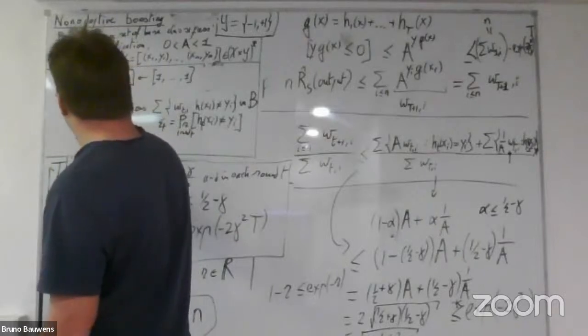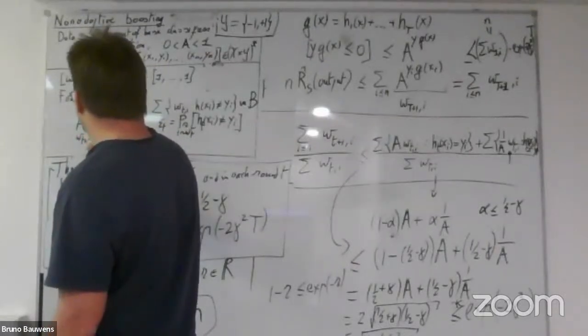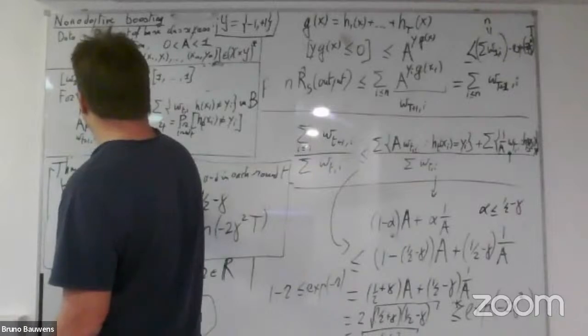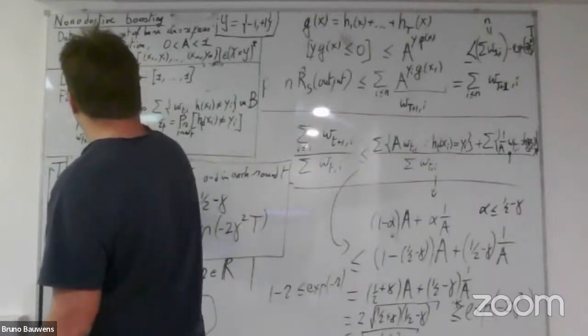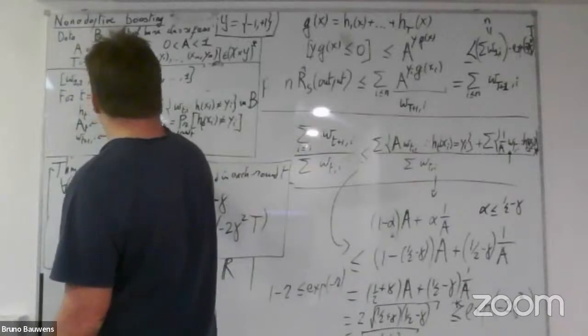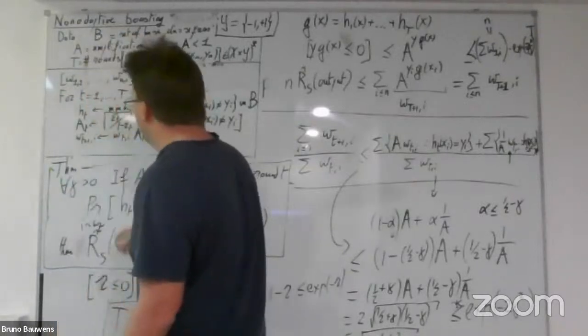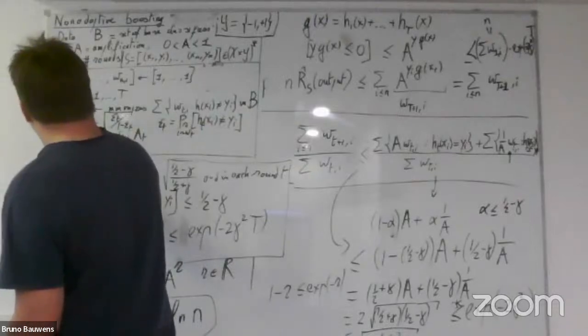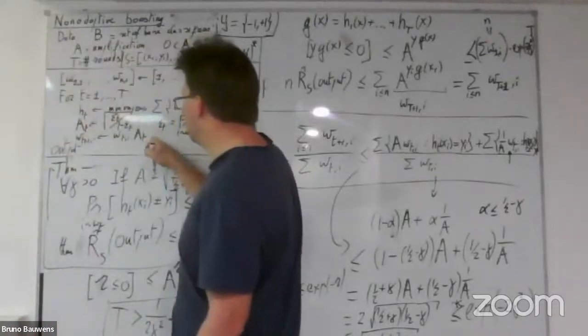So the update is very similar: W_{t+1}(i) is W_t(i) times A_t, and the output. So the weights are the logarithms of A_t.